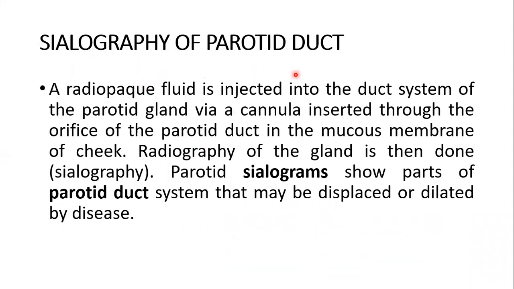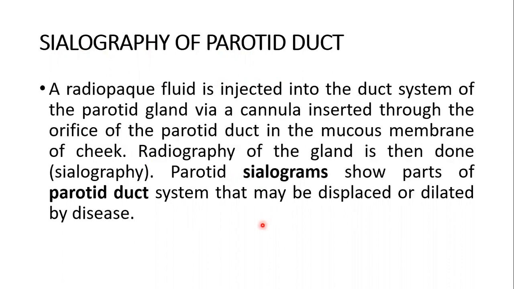Sialography of the parotid duct. Parotid duct sialography. What is that? A radiopaque fluid is injected into the duct system of the gland via a cannula inserted through the orifice of the parotid duct in the mucous membrane of the cheek. Then the radiography is done, which is called sialography.